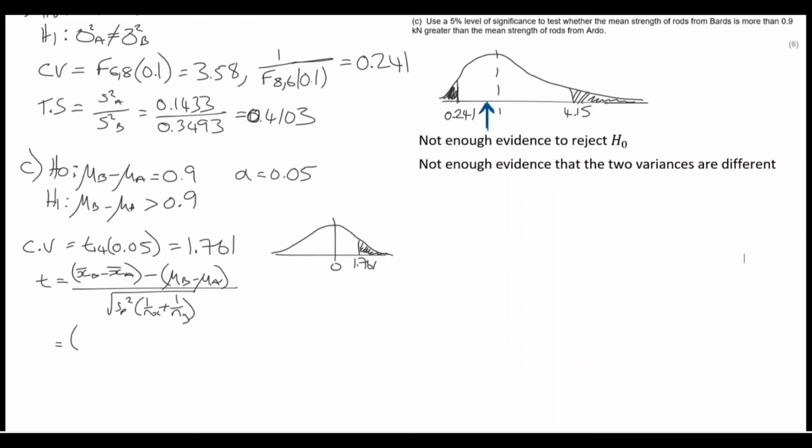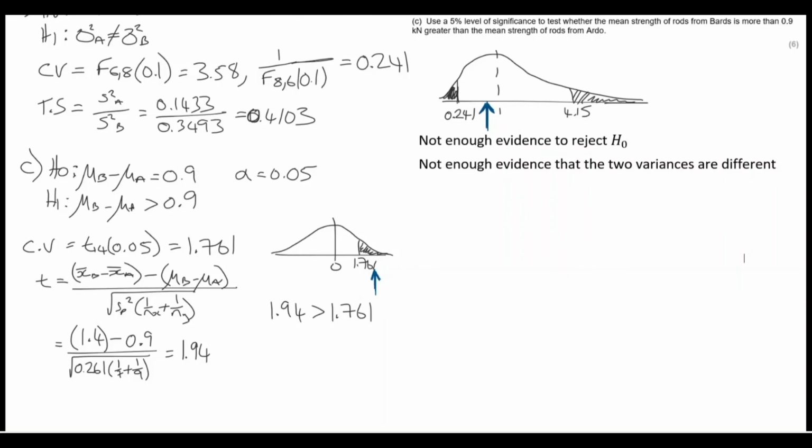Okay, so 1.4 is the difference between those 2 in the sample, 0.9 comes from the population, and we've got 0.261 multiplied by 1/7 plus 1/9. This gives us 1.94. 1.94 is in the shaded region, it's in the critical region. This is a significant result. 1.94 is greater than 1.761.